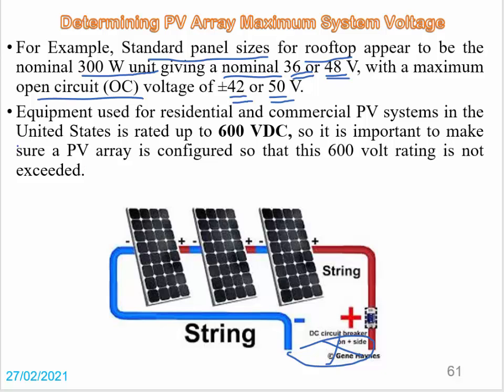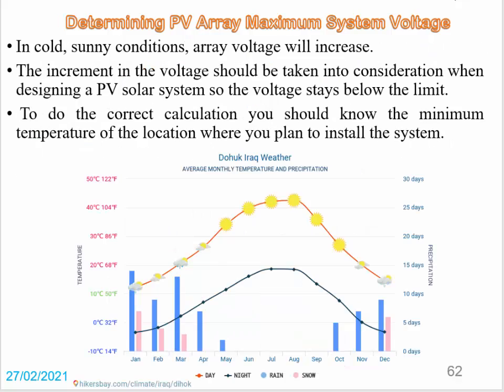In the United States, the maximum voltage should not exceed 600 volts DC, because they design their devices to handle a maximum voltage of 600 volts. In cold weather and on a sunny day, so when the temperature is low, for example 3 degrees Celsius or lower, and sunny conditions, array voltage will increase.